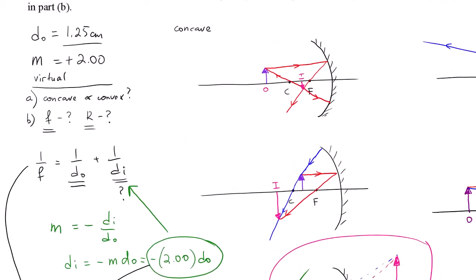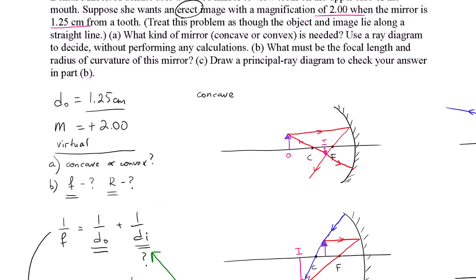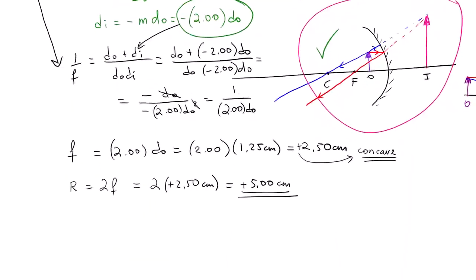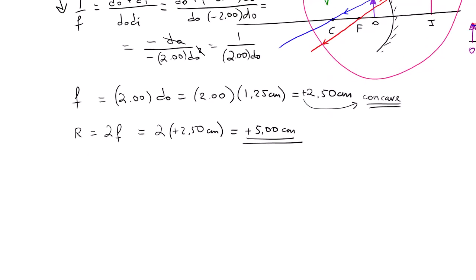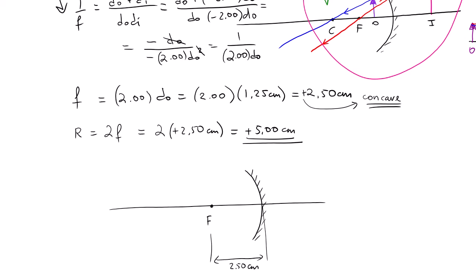Finally, the last part of the problem tells us to draw a principal ray diagram to check your answer in part B. So let's see what we have here. We said that we have a concave mirror because the focal length is positive 2.50, right? So let's say the focal point is right here, and from here to the vertex of the mirror is 2.50 centimeters.